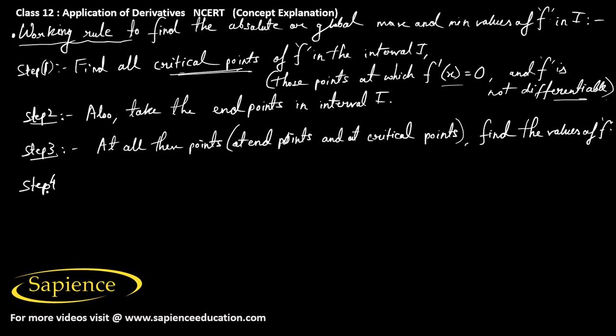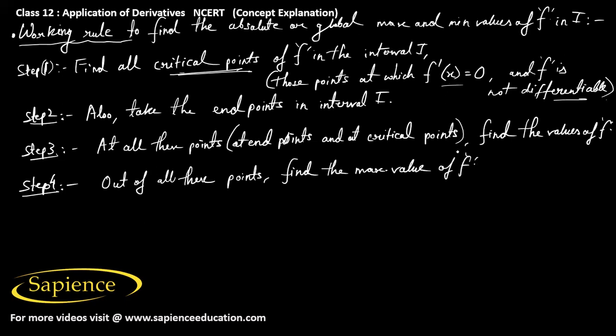Then step 4 is that out of all these points, find the maximum value of f at these endpoints and at the critical points.